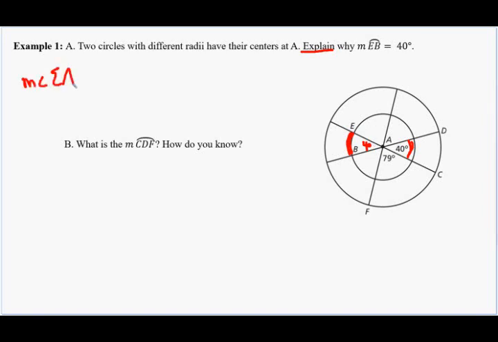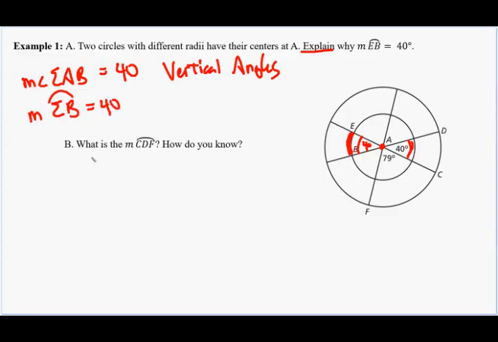Measure of angle EAB is equal to 40 degrees, and the reason is we have vertical angles. So this angle is 40 degrees. It is a central angle from the center of the circle, and that opens up to arc EB. That would mean the measure of arc EB is also 40 degrees because the central angle was 40 degrees. Central angle, 40 degrees.